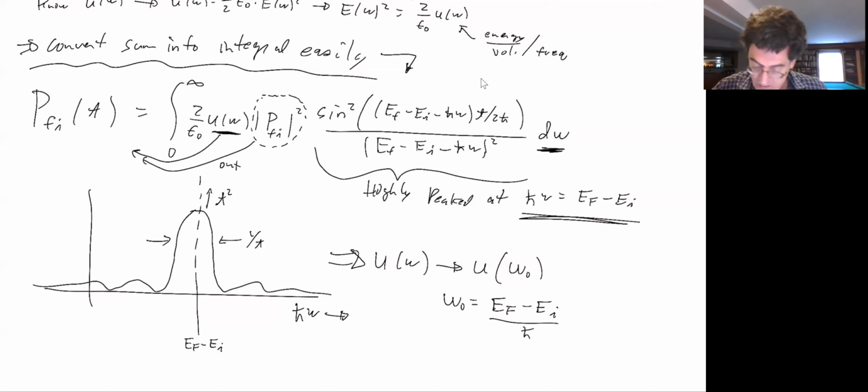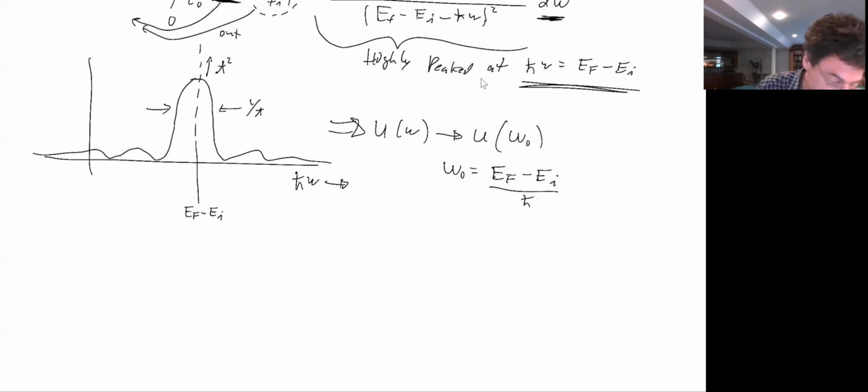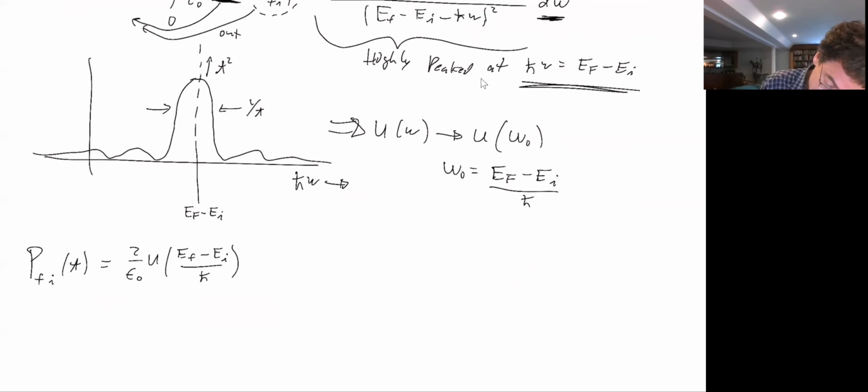Okay, so then we have that. And so now our integral can be rewritten: the probability to have a transition from the initial to the final state at time t is now equal to 2 over epsilon naught times U at a special frequency, which is EF minus EI over h bar, which is omega naught, times the dipole matrix element, which does not depend on frequency.